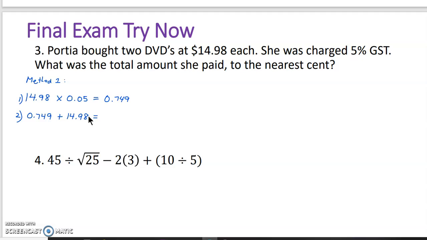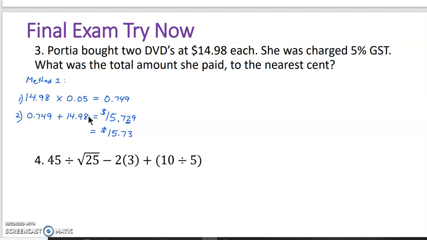So we need to round to the nearest cent. This will be $15.729. So rounding to the cents place is to our hundredths place. So this will bump the 2 up. This will be $15.73. So that's all good.